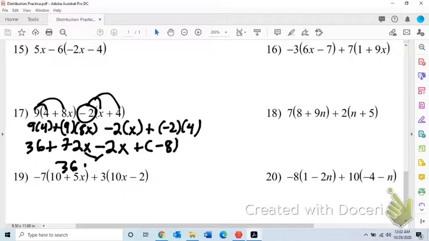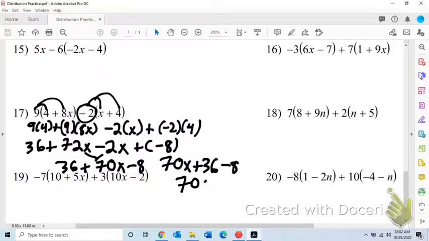So that gives us 36, the 72x and the -2x combine to give us 70x. We then have that -8 on the back end. And so we're going to have 70x, and then 36 minus 8. We need to combine those two. And we get 28, and that's our answer.